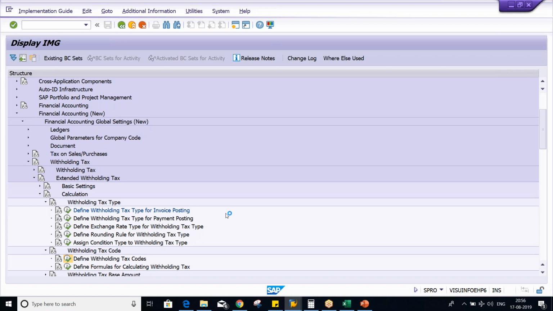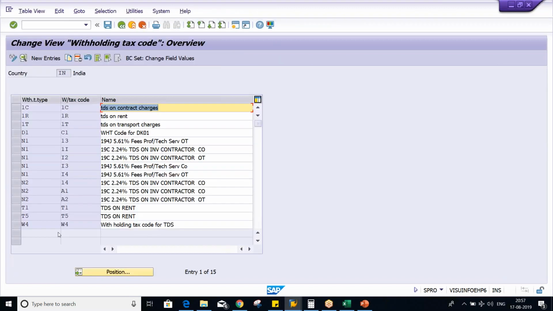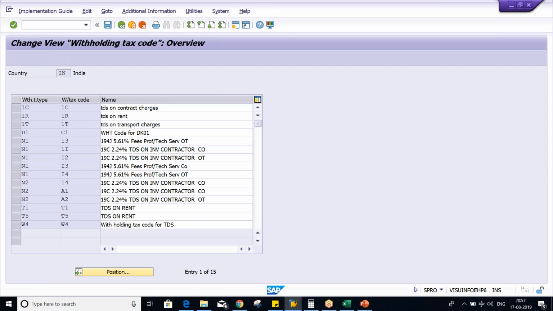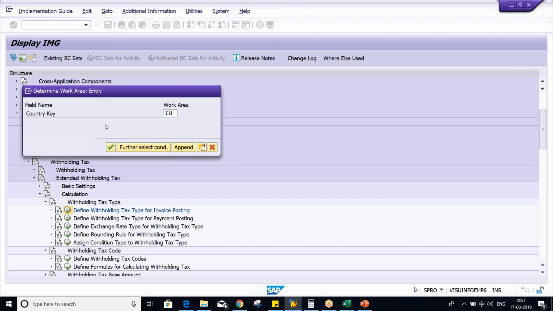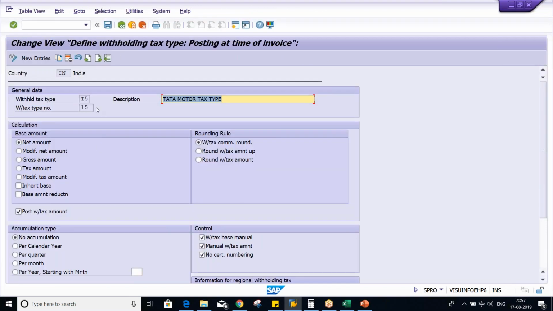Okay, here let me execute. So now T5, the tax code is also T5 itself, and 10% tax rate I have specified, right? So now this 10% deduction is going to happen on which amount, guys? We have specified here, this 10% deduction is going to happen on net amount, right?